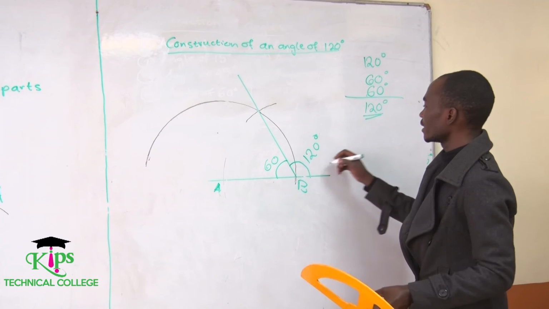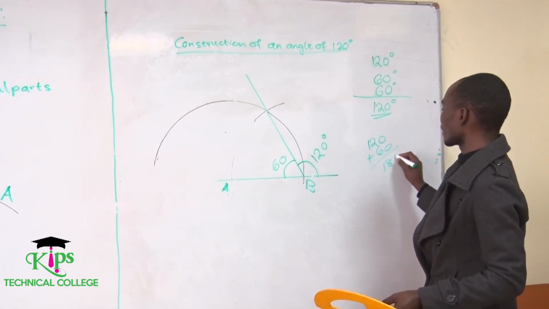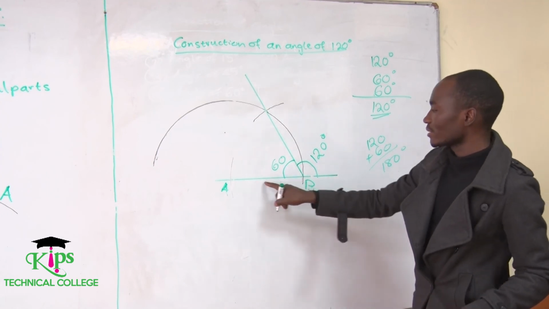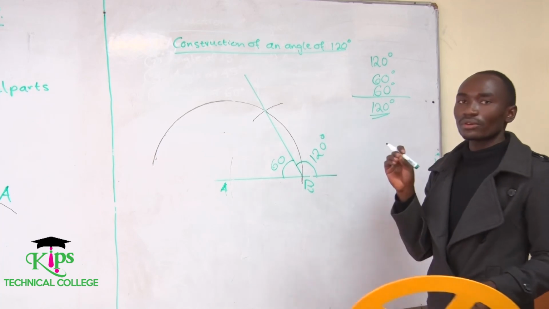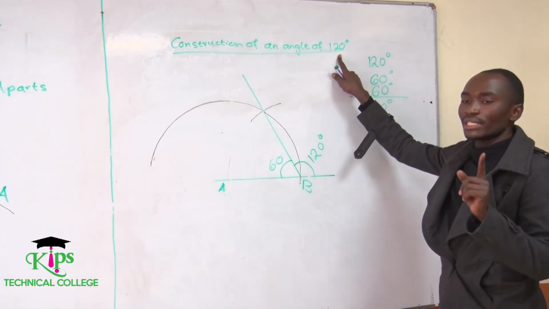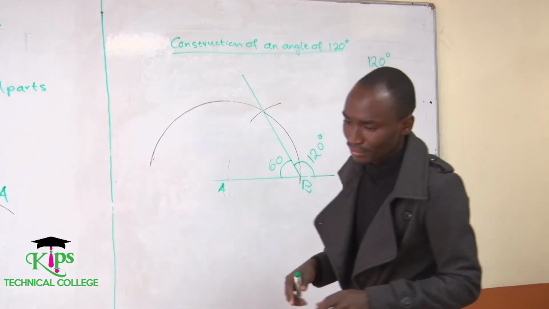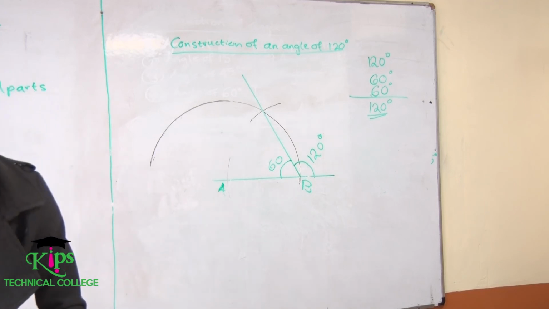So that the addition of 120 plus 60 gives you 180 degrees. So that is how you get to construct an angle of 120 degrees.